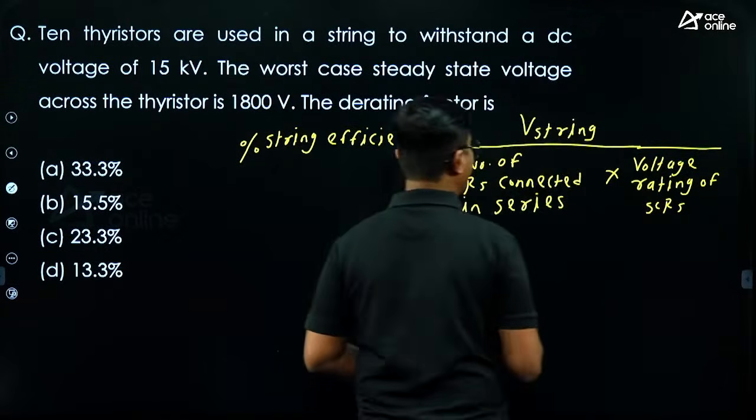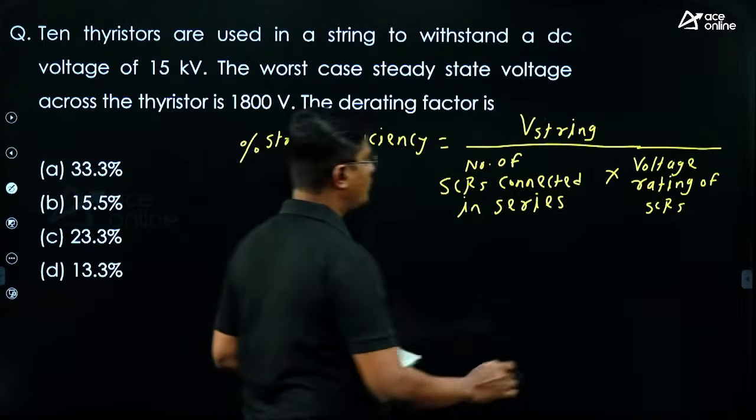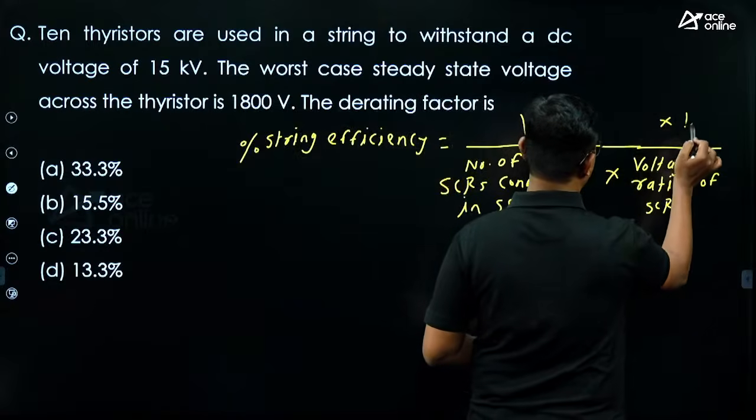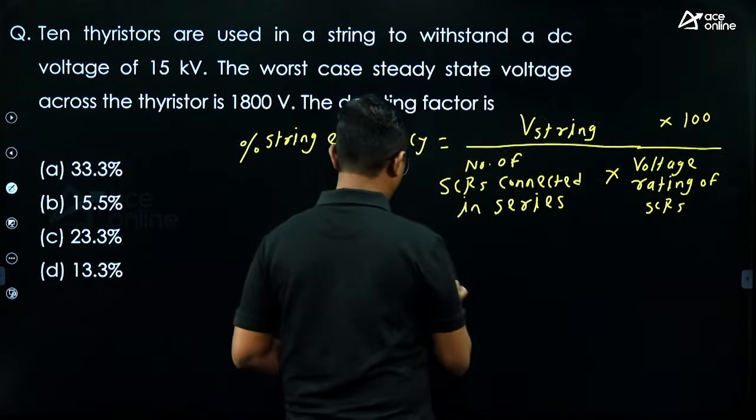This will give me the string efficiency, which I need to multiply into 100 because the percentage should be into 100, right.